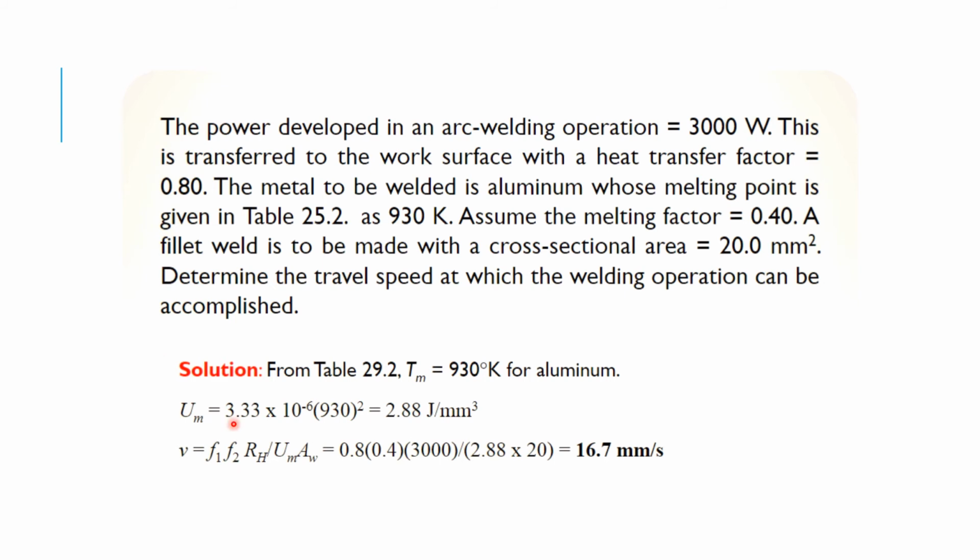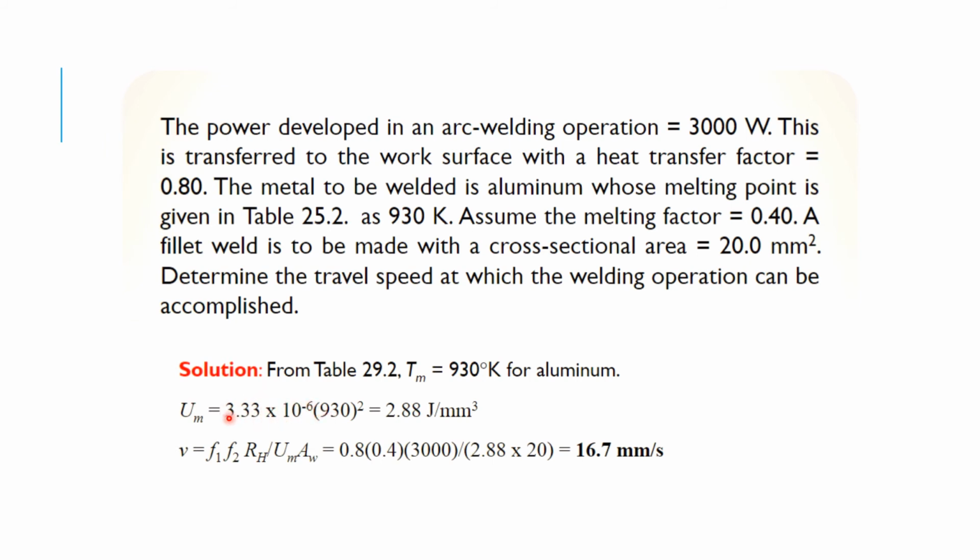If you look at the summary of the equations, RHw equal to f1 f2 RH, or you can also equal that to UmAwV. So if we put UmAwV equal to f1 f2 RH and rearrange the equation, you will get this equation. V equal to f1 f2 RH over UmAw.